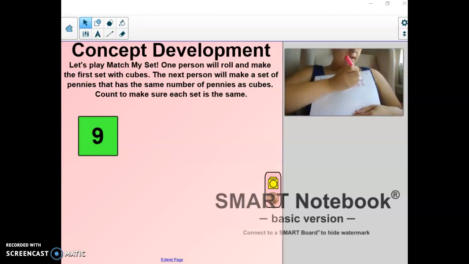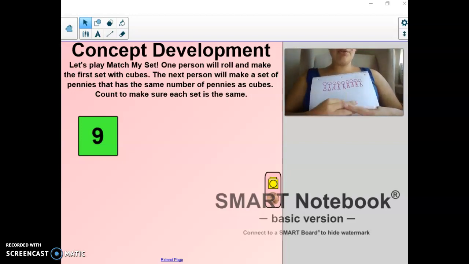So let's draw a line to connect our objects. Each circle gets a triangle. Do we have the same number of circles as we do triangles? Yes, we do. Good job.